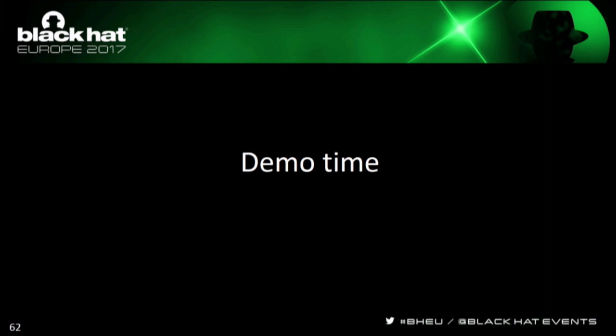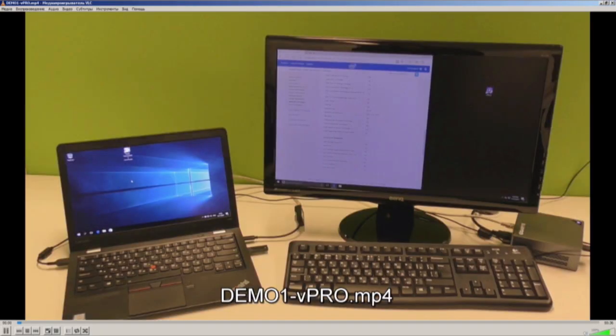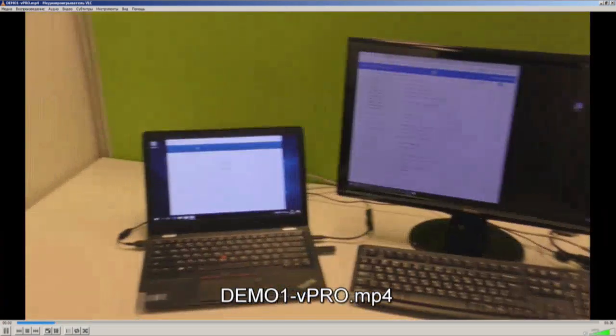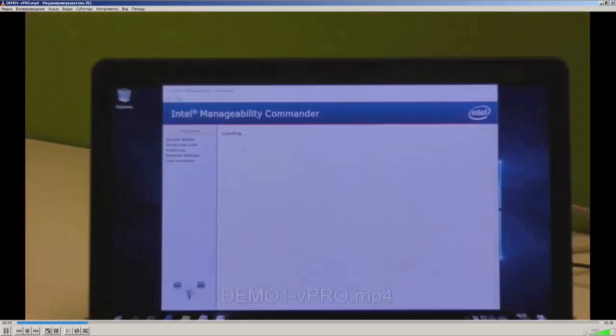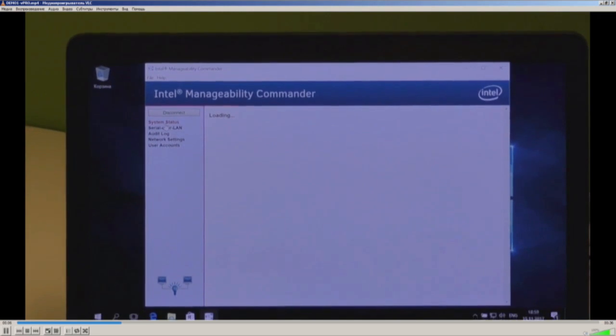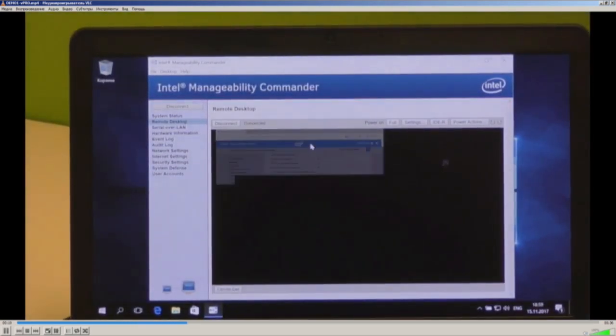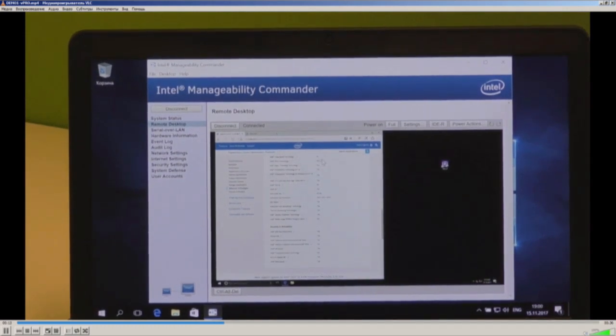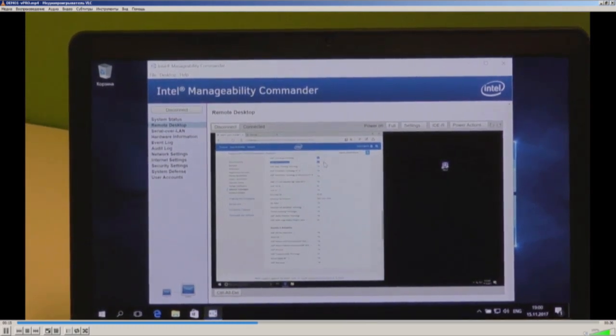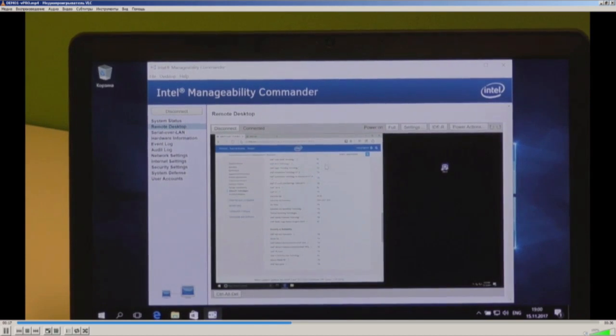Demo time. In the first demo, we show how we activated AMT on a non-vPro system. As you can see, the system hasn't vPro.